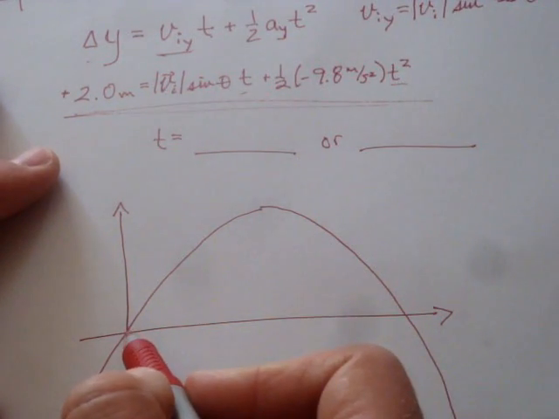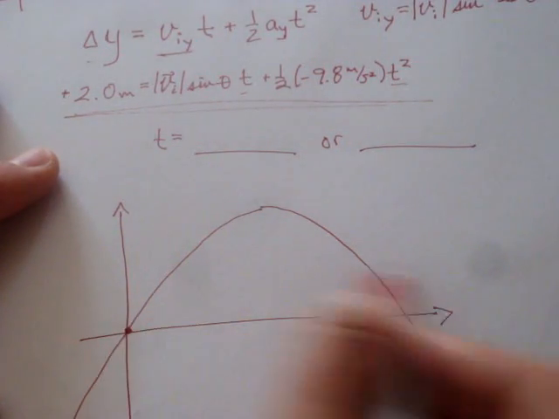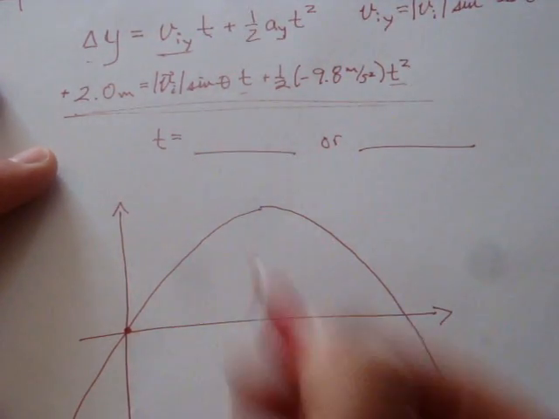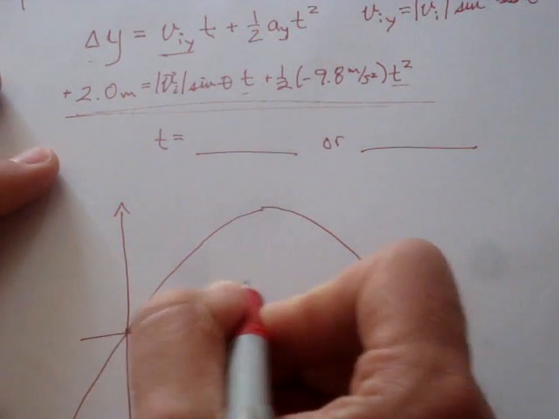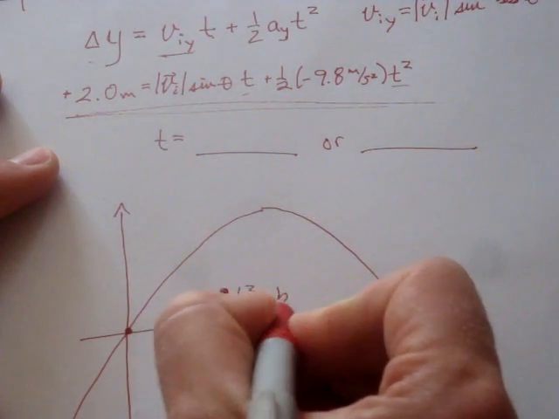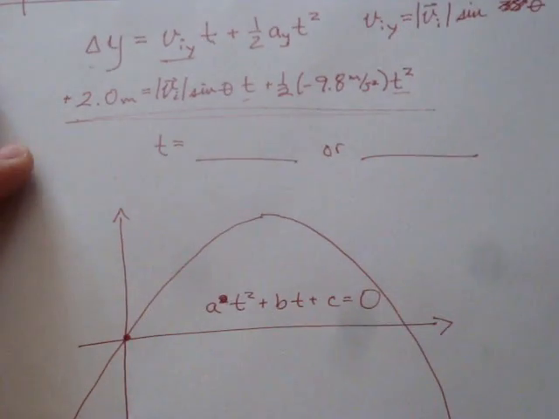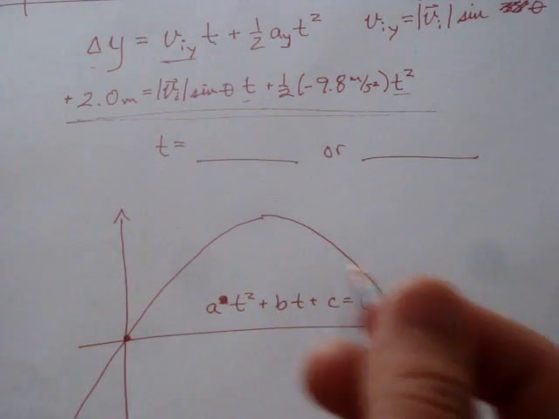Physically, when we treat this, we have information about where it is here, and it's the origin, and maybe this is where something is being fired. But mathematically, this is all that math really sees. It's just simply this parabola that's described by some function of the form a t squared plus b t plus c equals 0, where a, b, and c have some deep physical significance for the problem that we're doing, but mathematically it doesn't really matter.